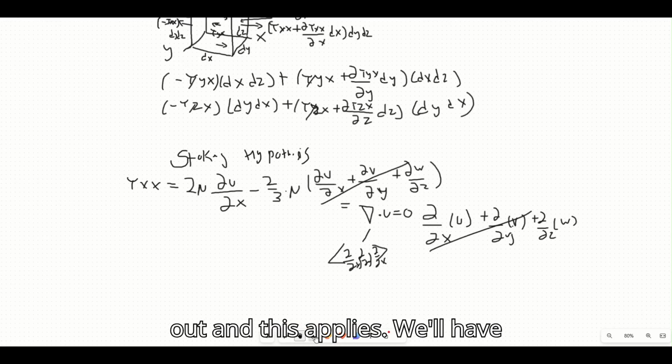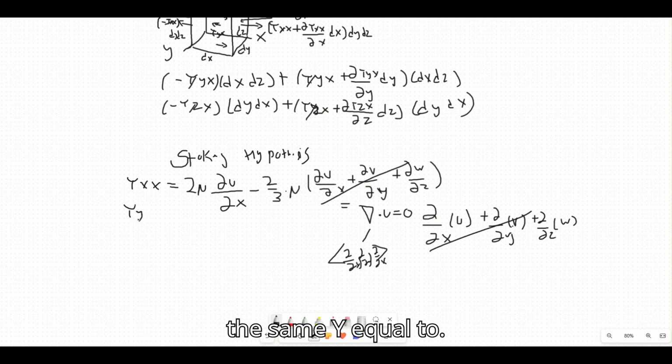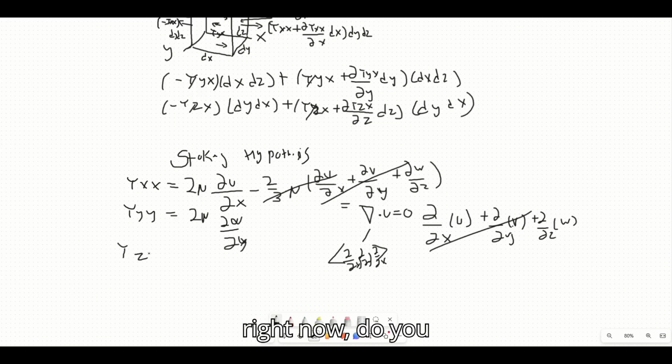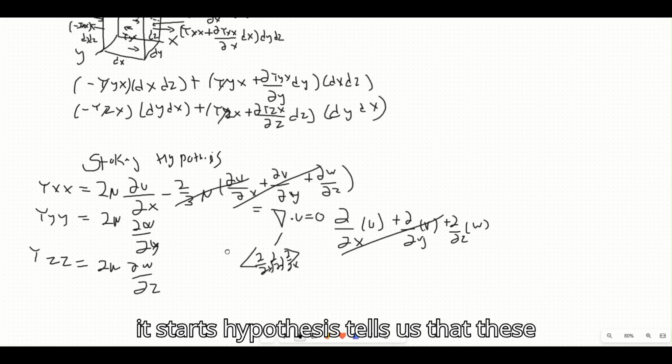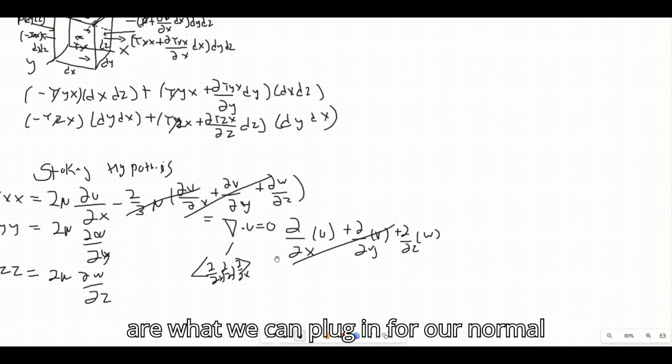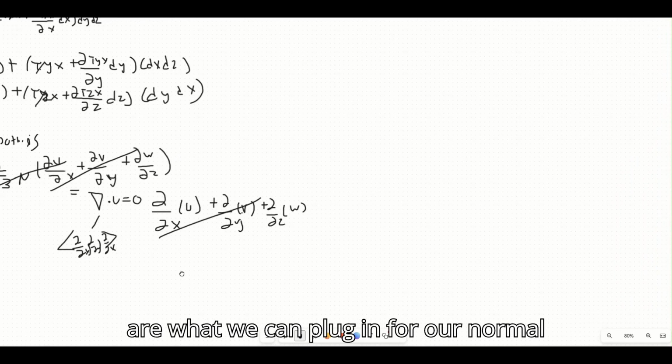We'll have this in y, d over dy, and in z it is equal to 2 mu, partial w over partial z. Okay, so the Stokes hypothesis tells us that these are what we can plug in for our normal viscous stresses.